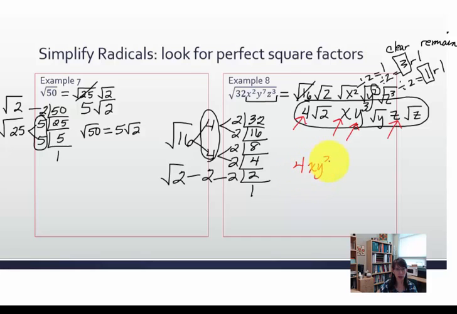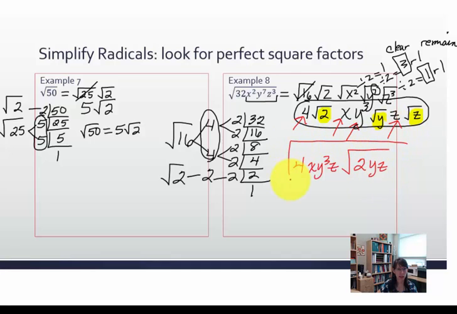X, y cubed, z. And then we'll look for everything that remains under the radical. So it looks like we've got 2, y, and z. So those are the terms that are going to remain under the radical, starting with the numerical portion first, and then alphabetically write your variables.